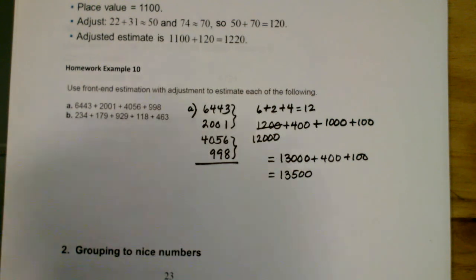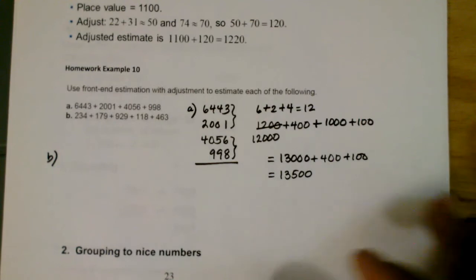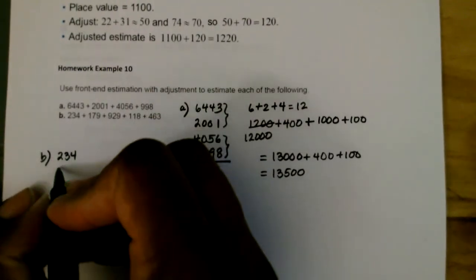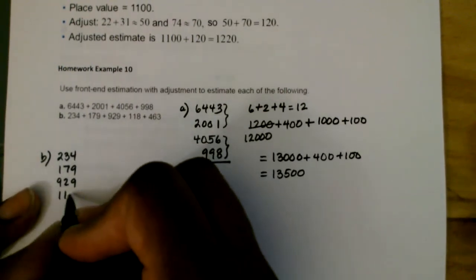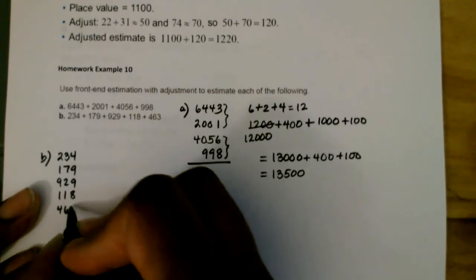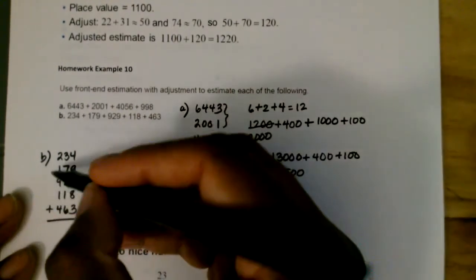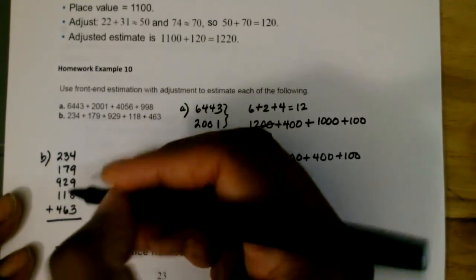So that's part A. Now part B, here we got 234, 179, 929, 118, 463. We're adding those together. Well, let's look at the numbers that are in the hundreds place.